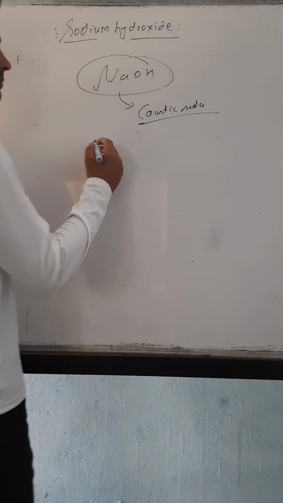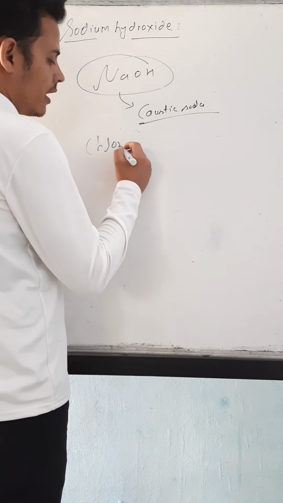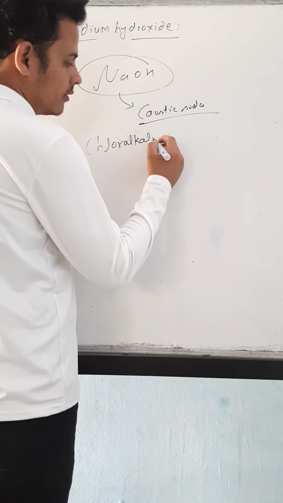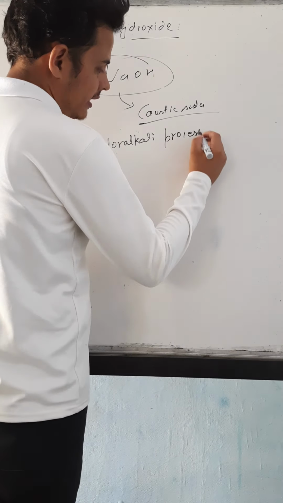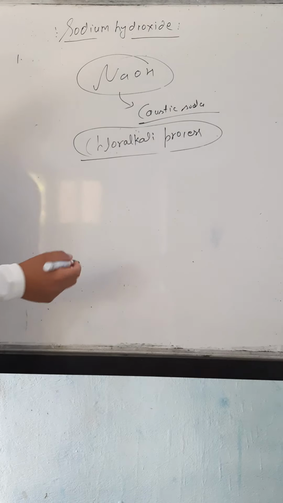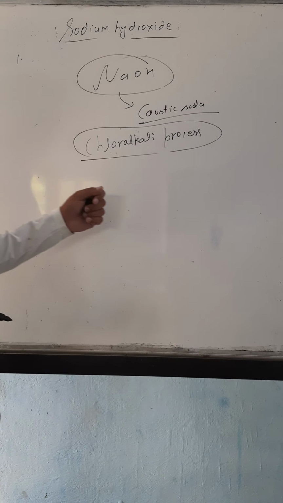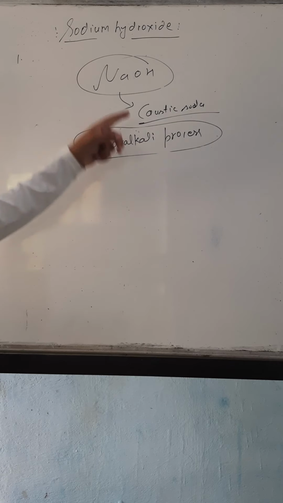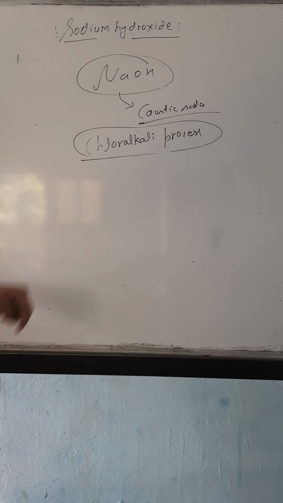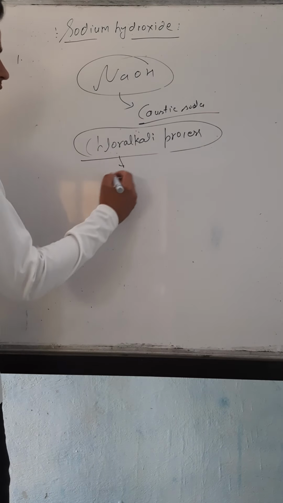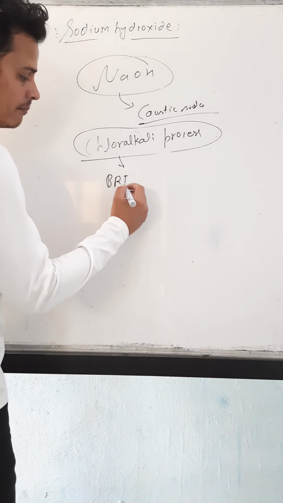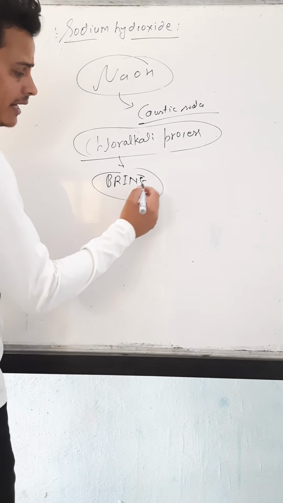Sodium hydroxide is prepared by the chloralkali process. By this one process we are making sodium hydroxide. And what is this process? In this process we take brine. Now what is brine?